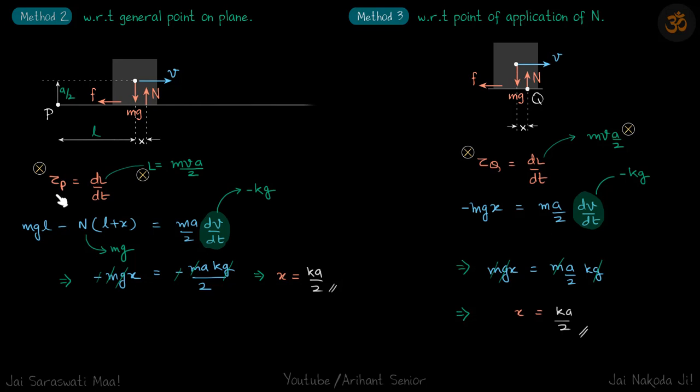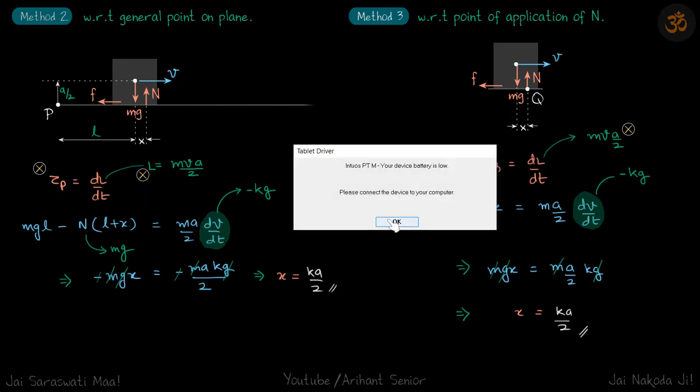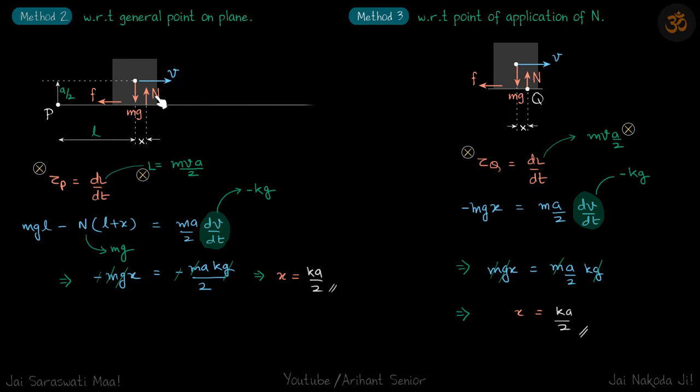Now let's find the torque about a general point P on the plane. We know torque is the rate of change of angular momentum. If we are writing about point P, let's take the clockwise sense as positive. So torque about point P is positive in the counterclockwise sense. So we can write that as mgL minus, the torque because of the mg will be mg into L minus N into L plus X, equals dL by dt.